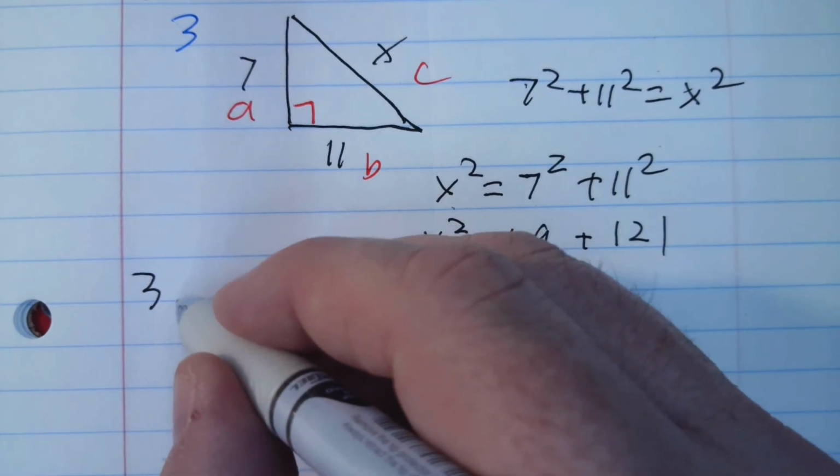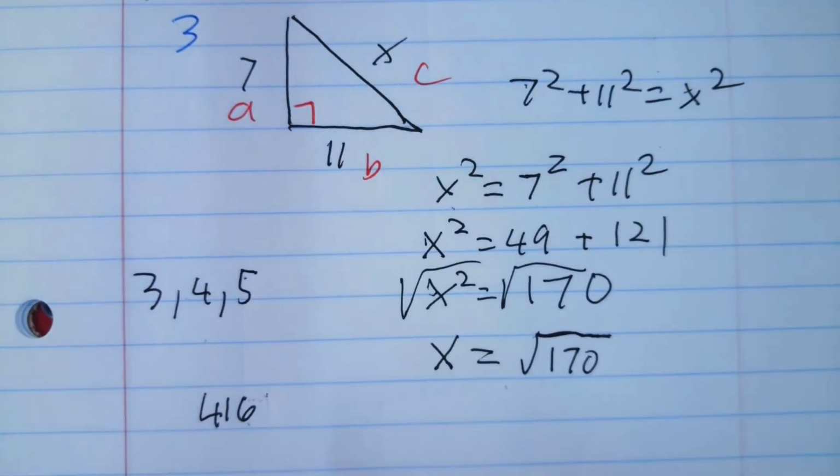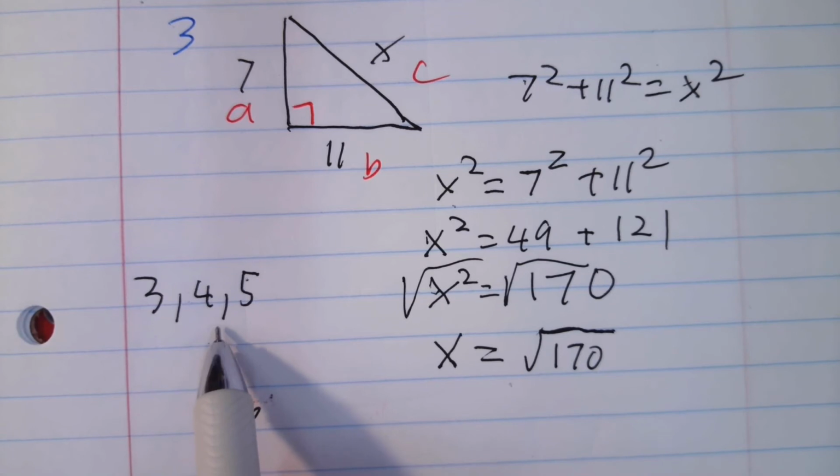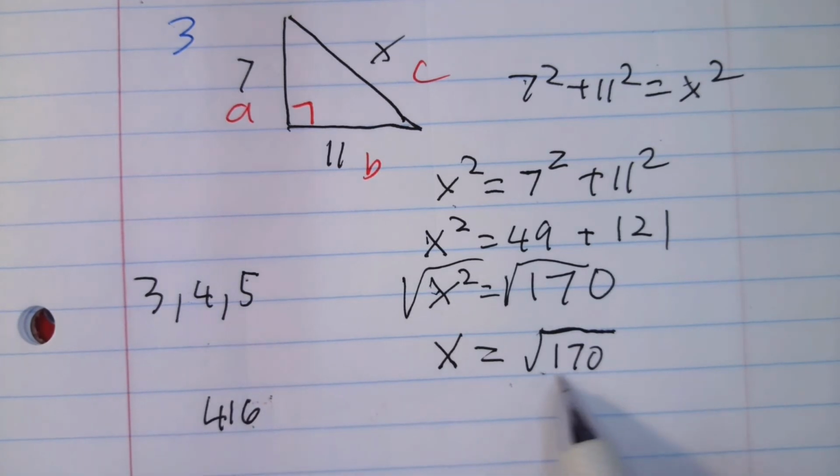3, 4, 5, yes? Those are integers. Integers are positive and negative numbers, no decimals and no fractions. Do we think that's a positive integer? Or is this actually an irrational number? Irrational is not an integer, right? Does this translate into a decimal?